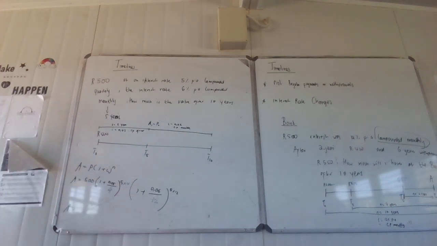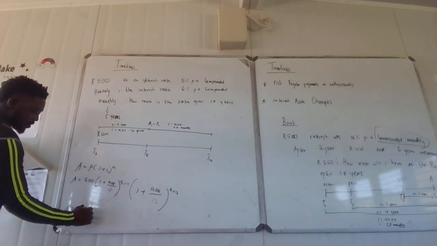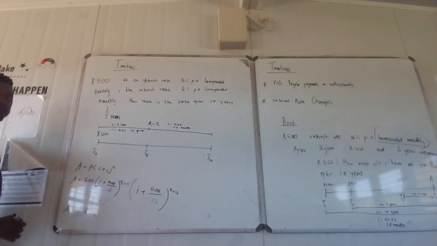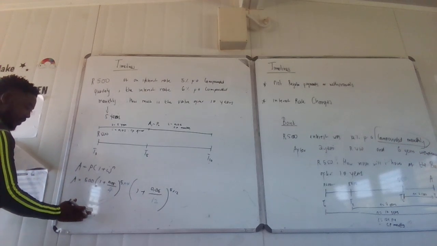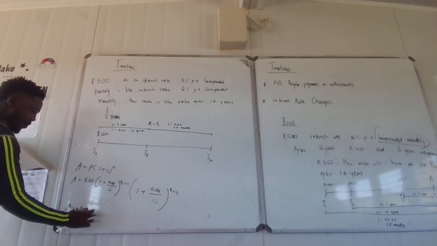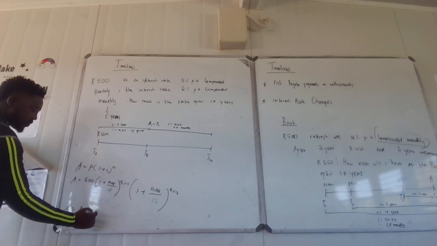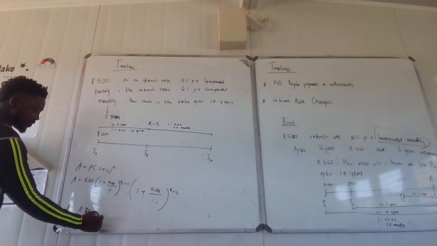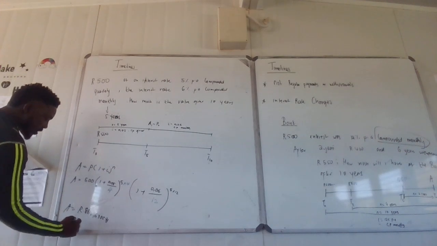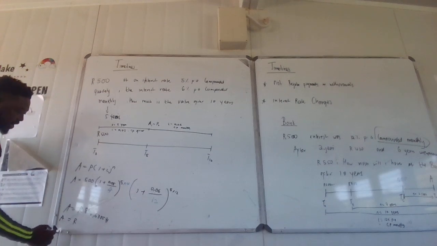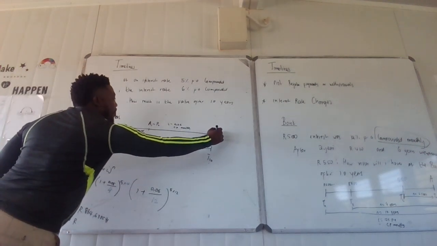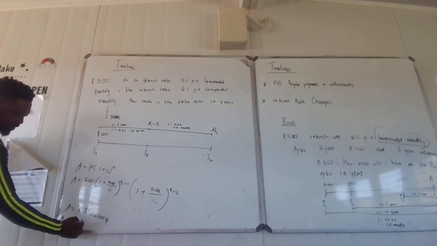So this will be the same as 5 times 4, which is 20, and 5 times 12, which is 60. The answer comes to 864.638... Okay, so this way we start rounding off now because we're at the end. So the amount here will just be 864.64.